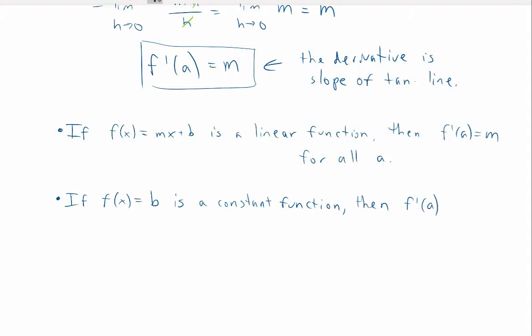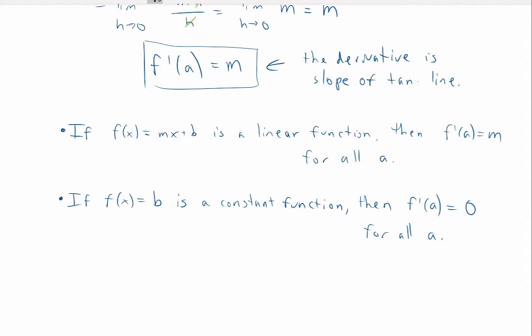Right, the slope of a constant function is a horizontal line with slope 0. You can just look at it, m equals 0, which is what causes this first term to drop out. So the slope of a constant line is 0 for all values of a. Anywhere on a constant function, the slope is 0, and so the derivative is 0.